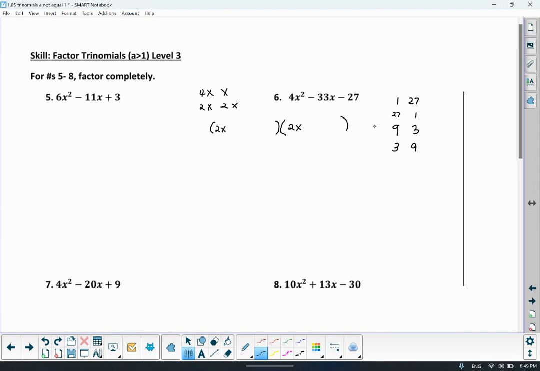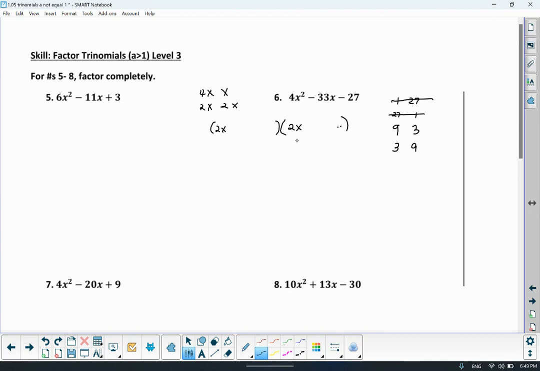It doesn't look like I can reduce anything, but I can logically say it's probably not going to be a 27 in this parentheses because the middle term is not huge. Okay, so it's not this, and most likely it's not this. So it's either 9 and 3 or 3 and 9.